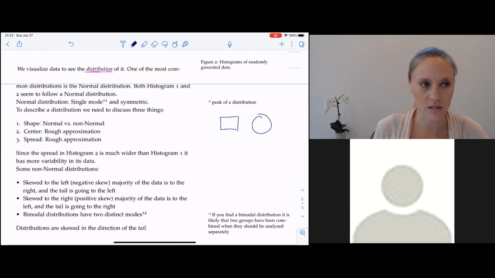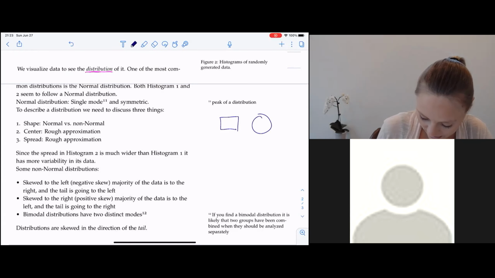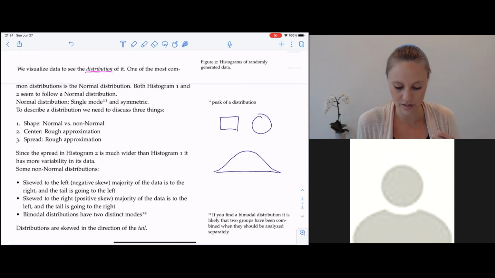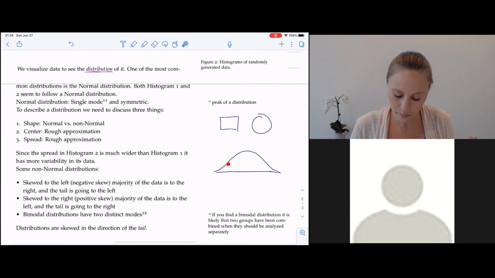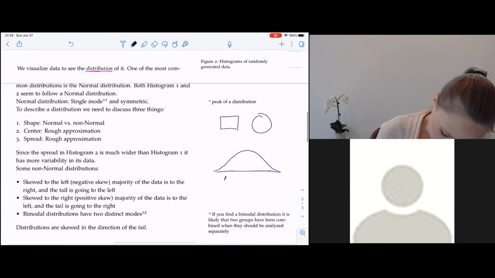What I want you to start incorporating into your shape vocabulary is that if your histogram starts to look something like a bell shape, right? And you've probably heard about a bell curve before. If a histogram has this bell shape, we call it the normal distribution. Okay? And so this is the normal distribution.